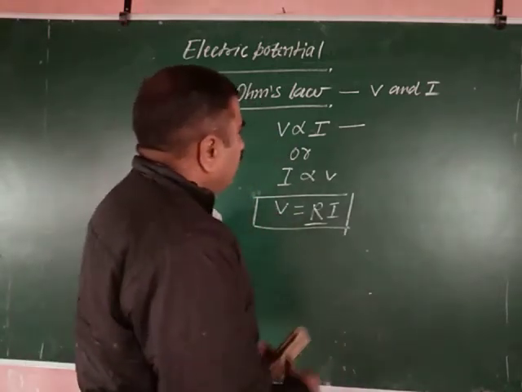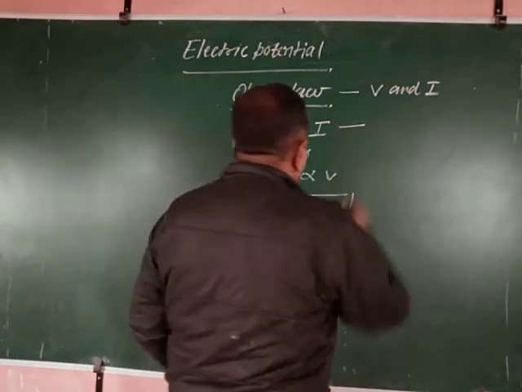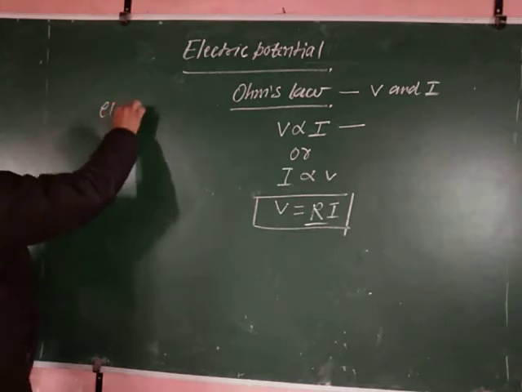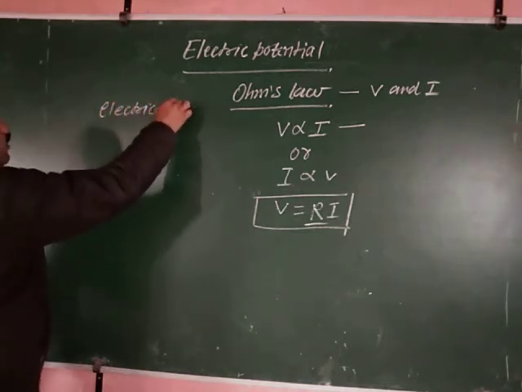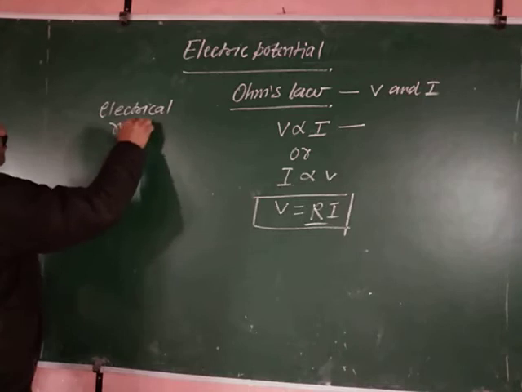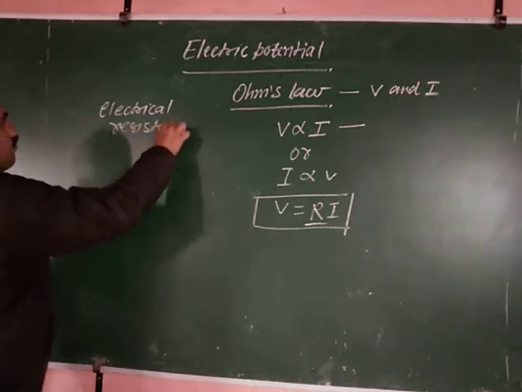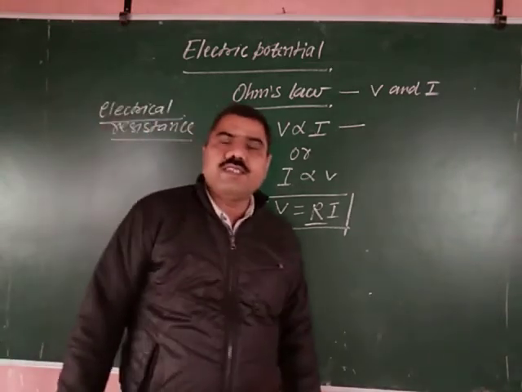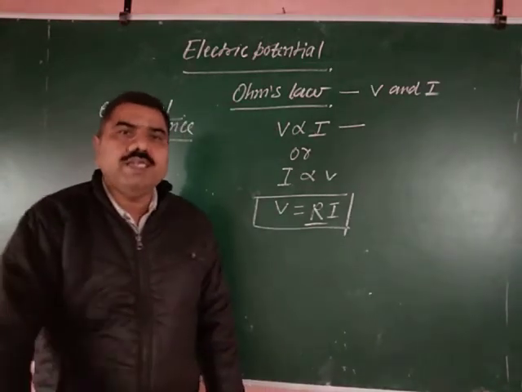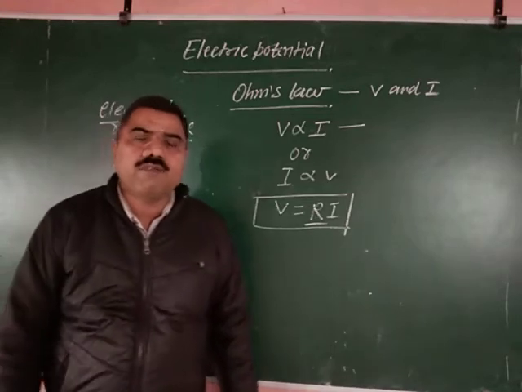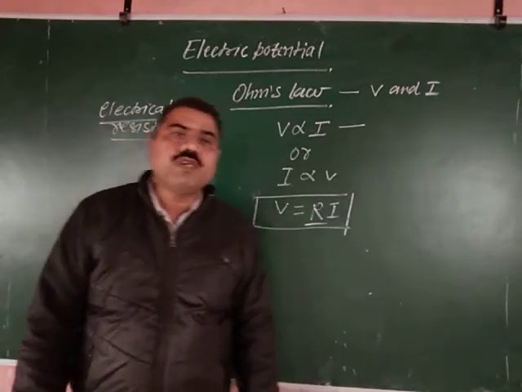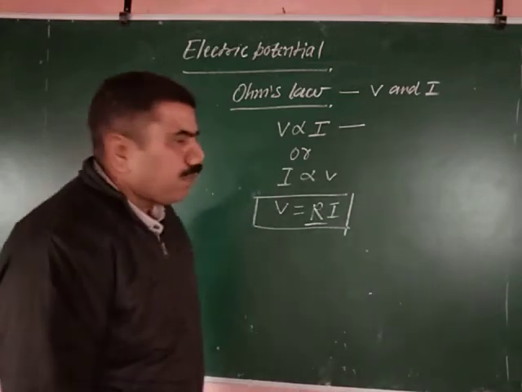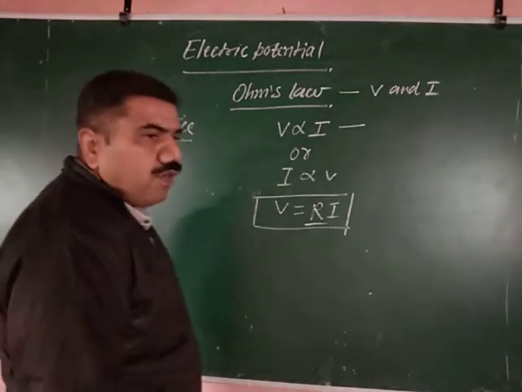Now we will talk about electrical resistance. Electrical resistance is the intrinsic property of a conductor which opposes the flow of current through the conductor.